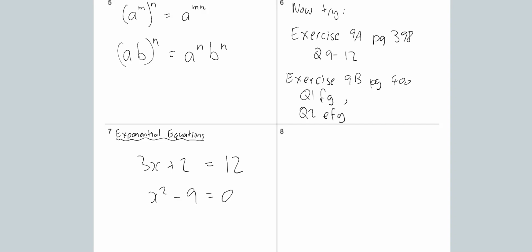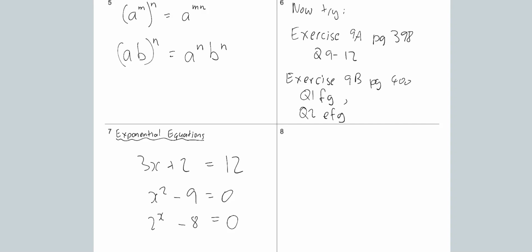There's a power, but the power is an actual number. But what happens if we go like this, and we have to solve for x? Now x is in the power, instead of in the rest of the equation.